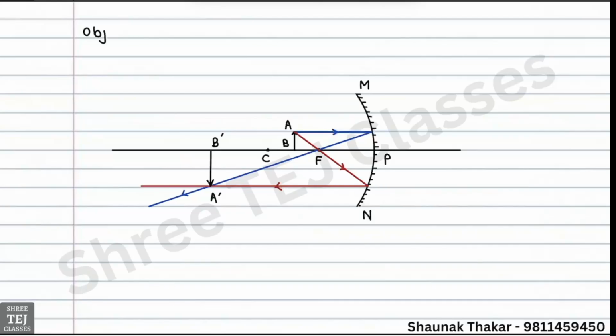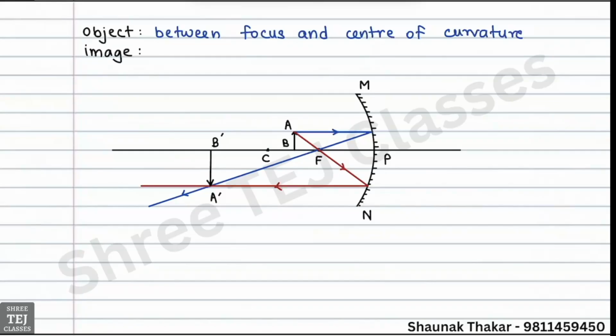First, let us talk about object. Where is the object? Object is between focus and center of curvature. Now, where is the image? Image is beyond the center of curvature.